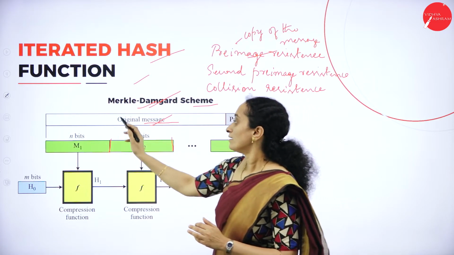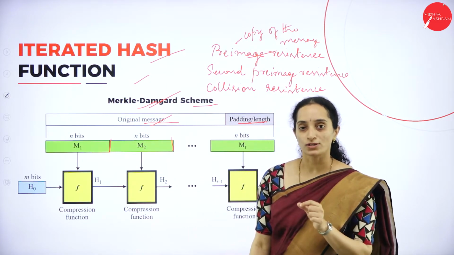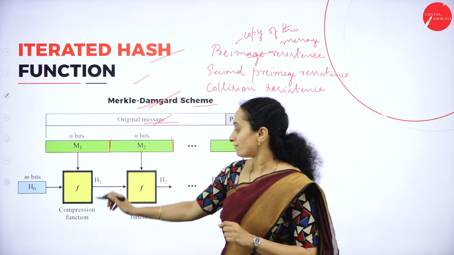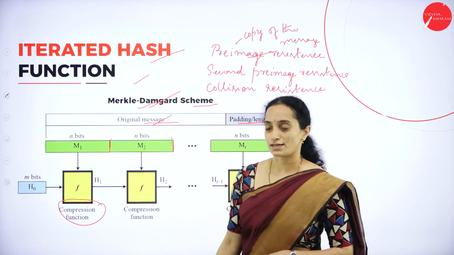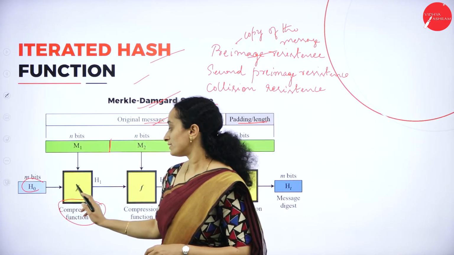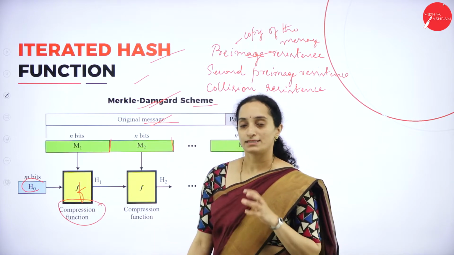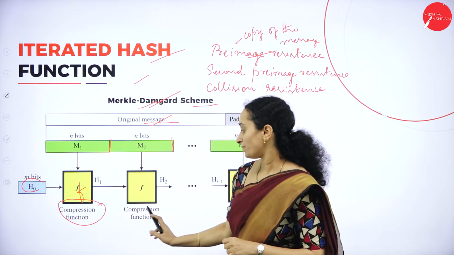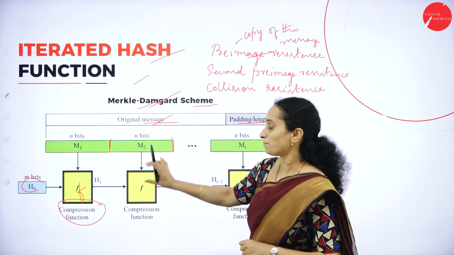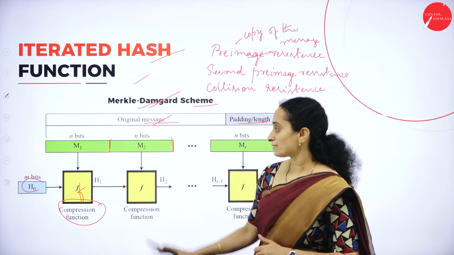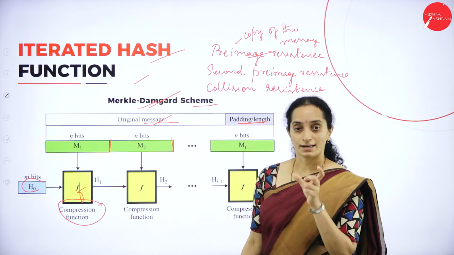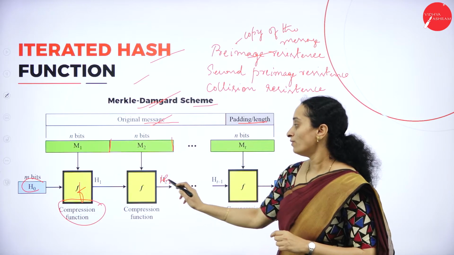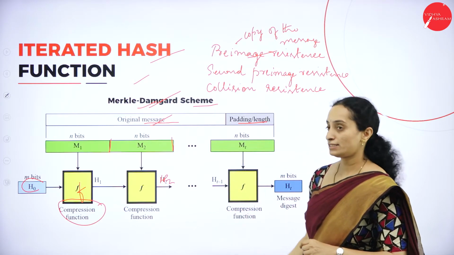The original message is split into n-bit blocks and given to the compression function. There will be a separate compression function which compresses these n-bit blocks and gives the hash values h1, h2, up to ht minus 1.